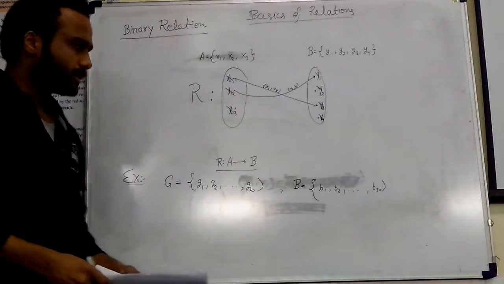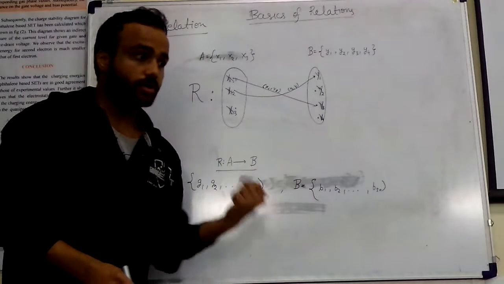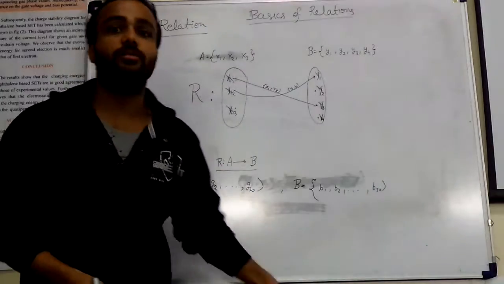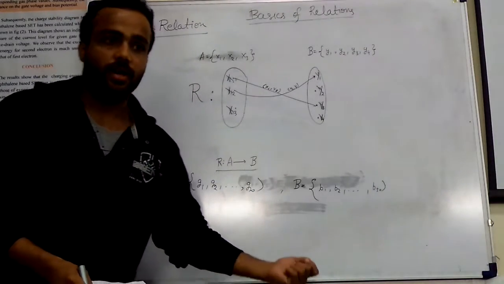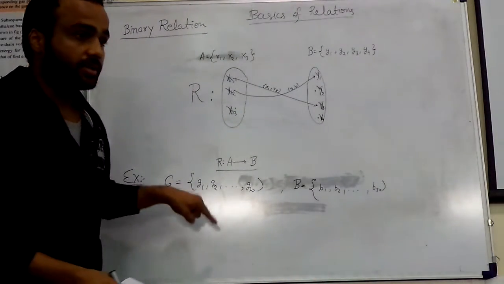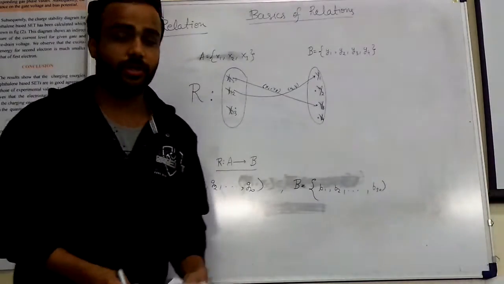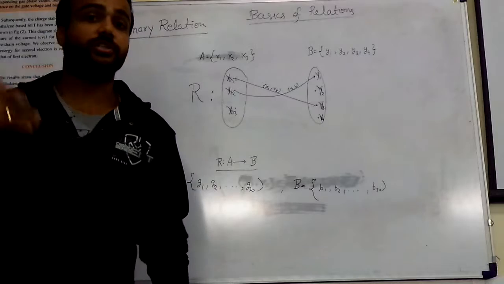Because these are two sets, as I said earlier, elements of one set are associated with the elements of the other set, and then we say that there is a relation between G and B. So we need to first define what kind of association it is.